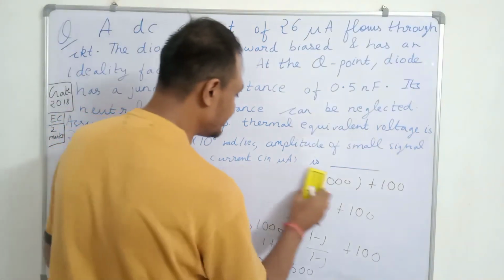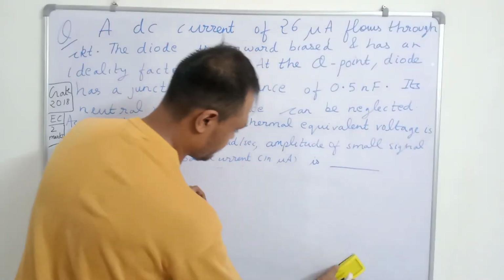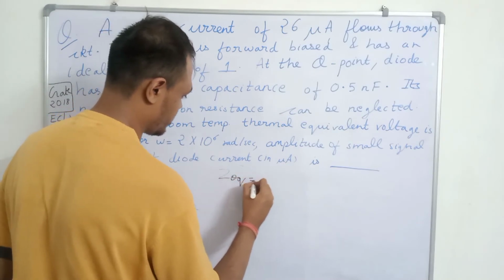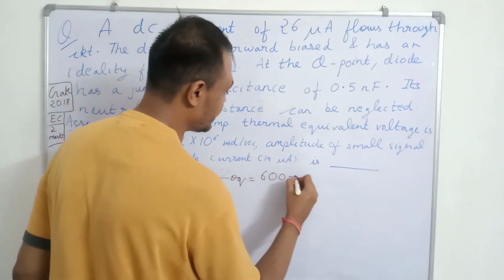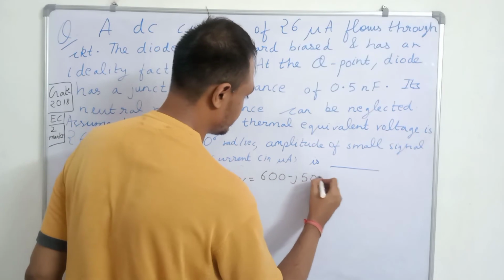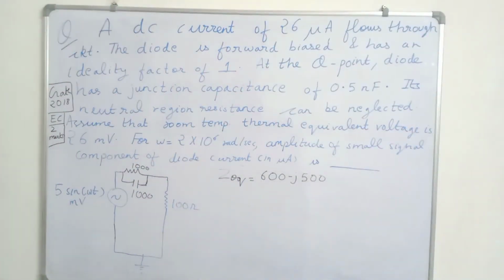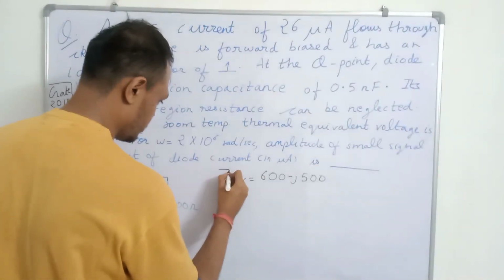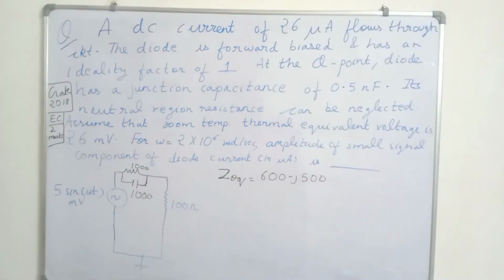So Z equivalent is equal to 600 minus j500. This is the equivalent impedance.